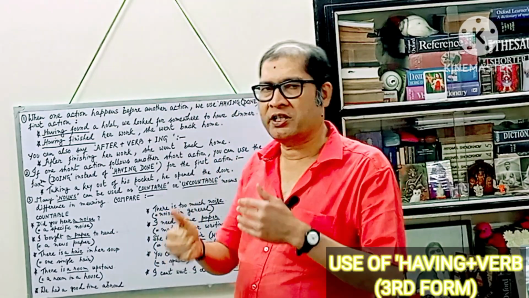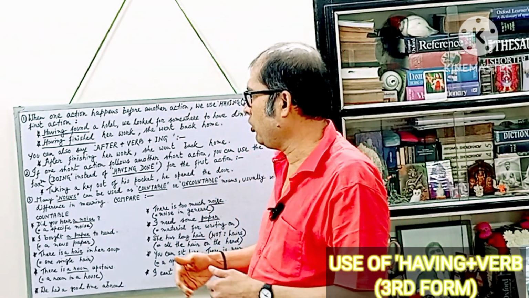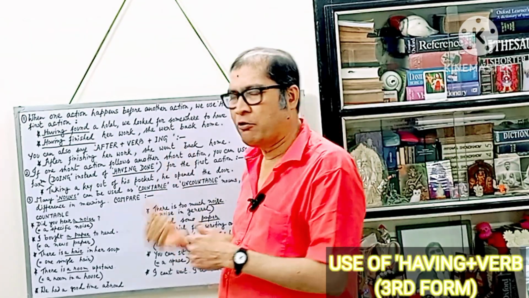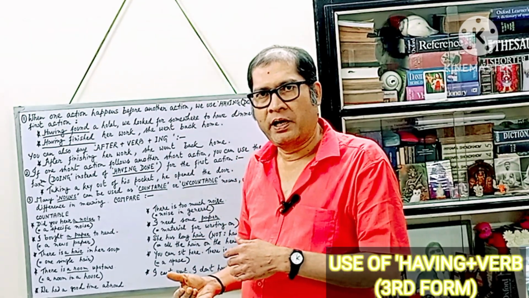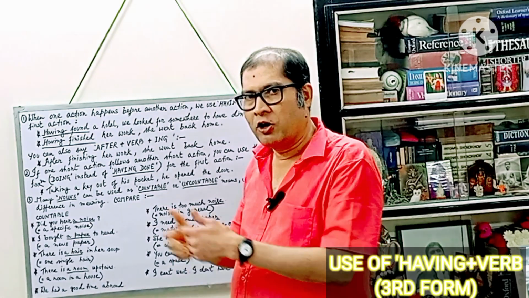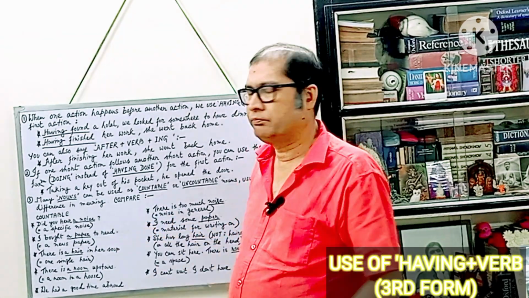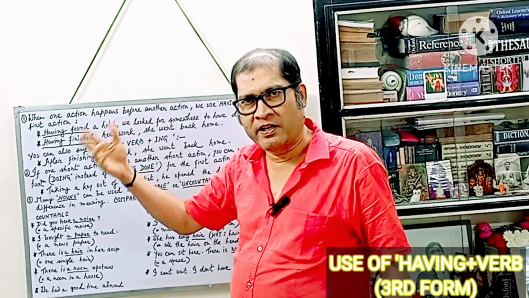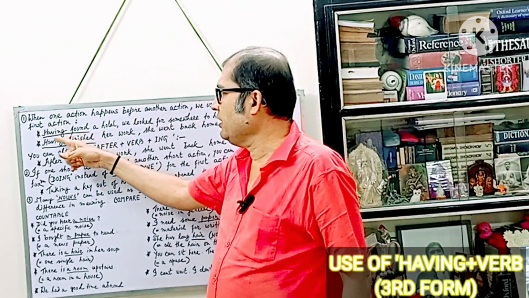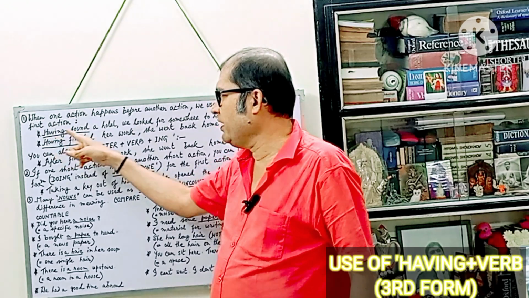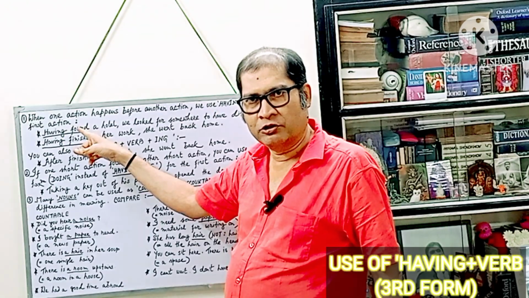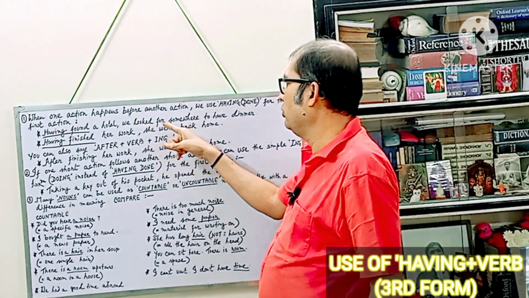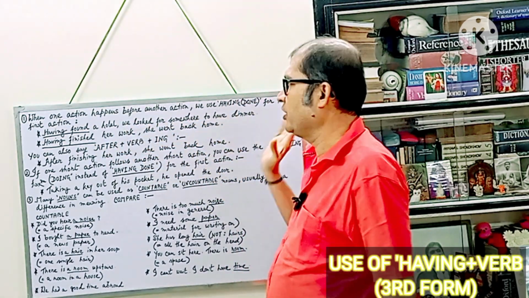That means that one action takes place first, the action of finding a hotel. So we have found the hotel already, and now we have gone to have dinner. So the first action is finding a hotel, and we are using the having phrase. Having, find, found. The third form is found. Having found a hotel, we looked for somewhere to have dinner.